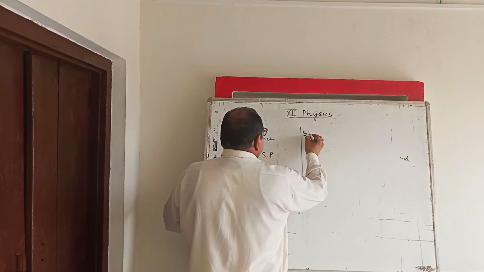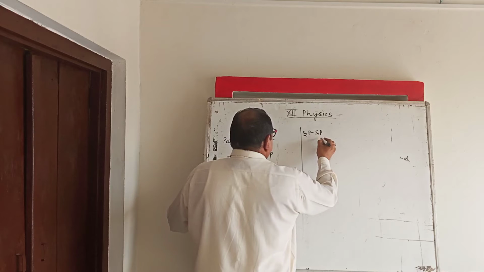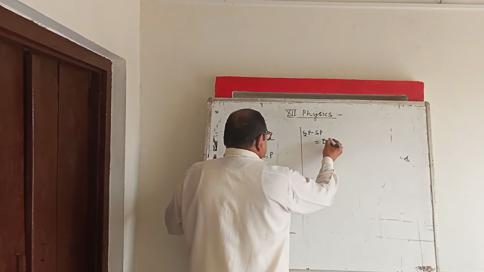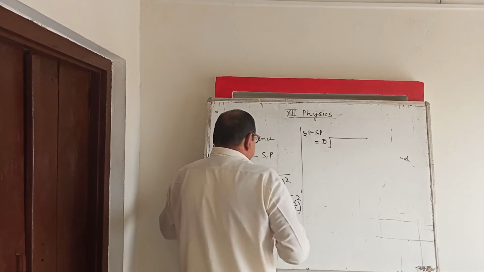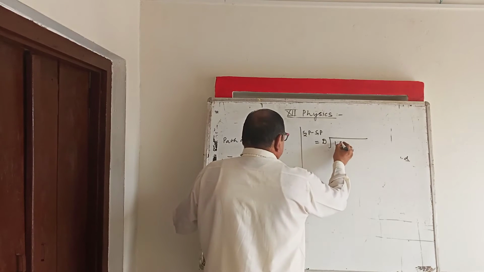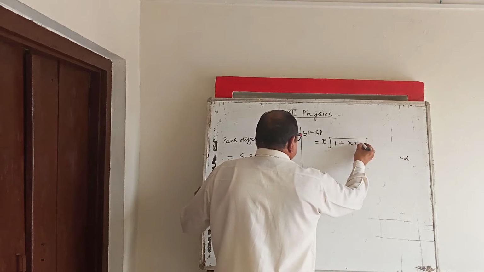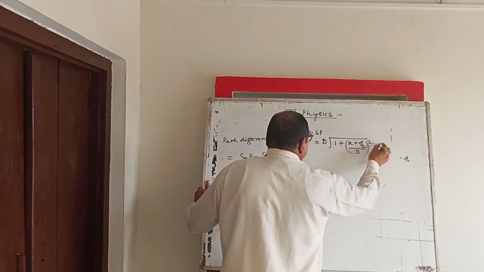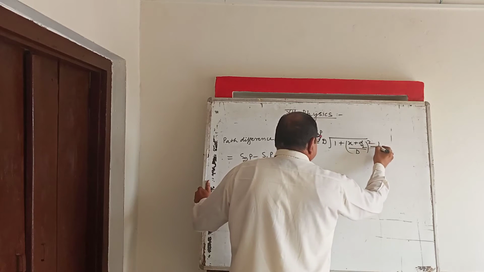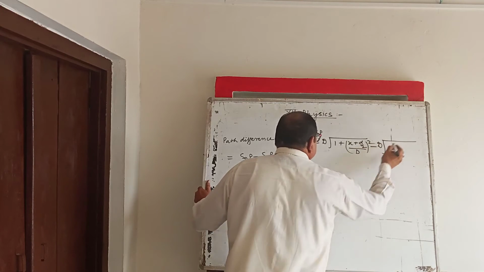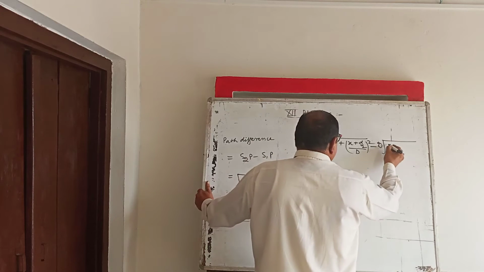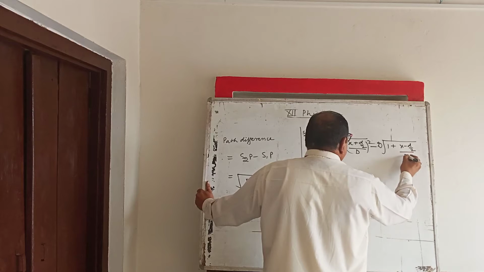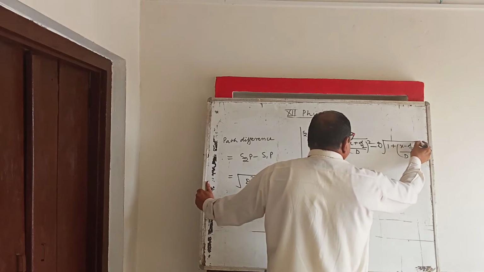S2P minus S1P equals, taking D square common, outside it will come as D, and it can be written as D times the square root of 1 plus x plus d by 2 upon D to the whole square. Similarly, minus D times the square root of 1 plus x minus d by 2 upon D to the whole square.